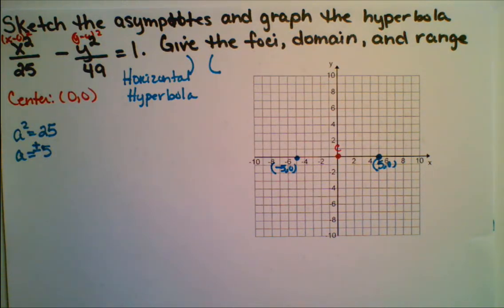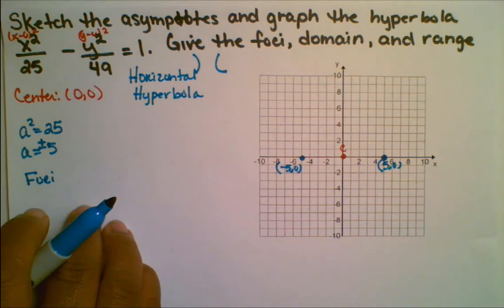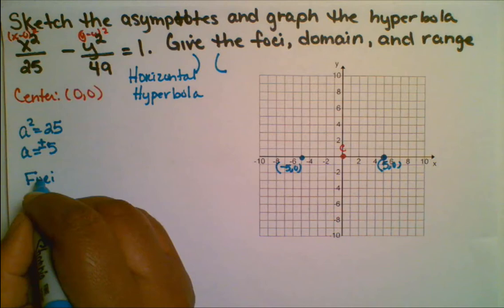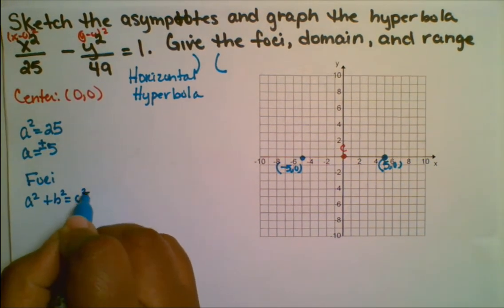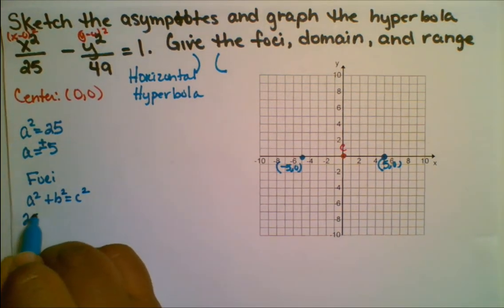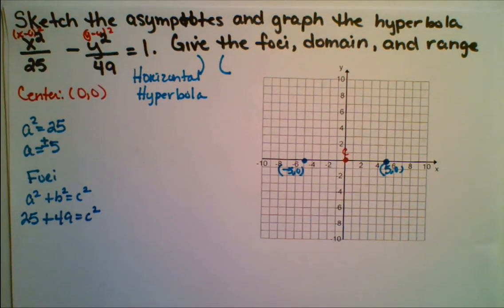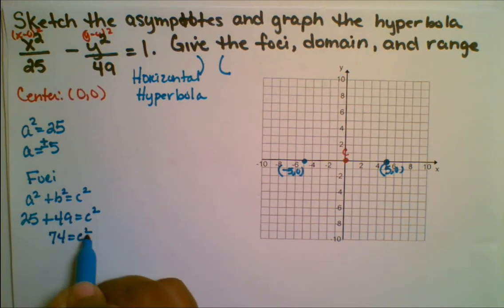Now for the foci, we think of the Pythagorean theorem, a squared plus b squared equals c squared. Now this is different from the ellipse, where it was a squared minus b squared equals c squared. So our a squared is 25, our b squared is 49, equals c squared. 25 plus 49, we have 74 equals c squared.